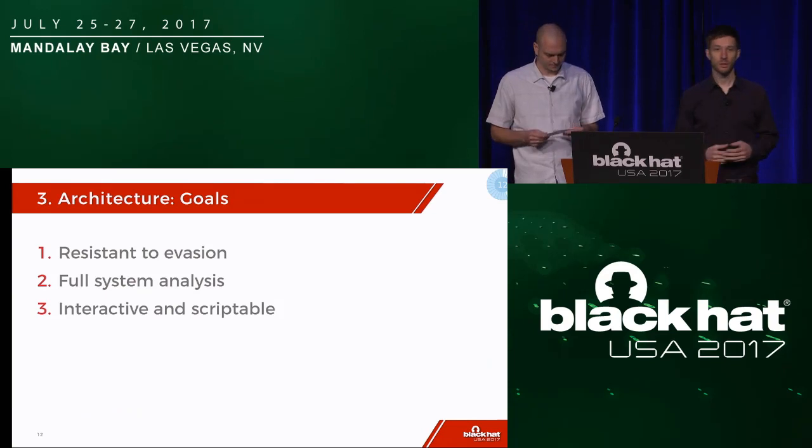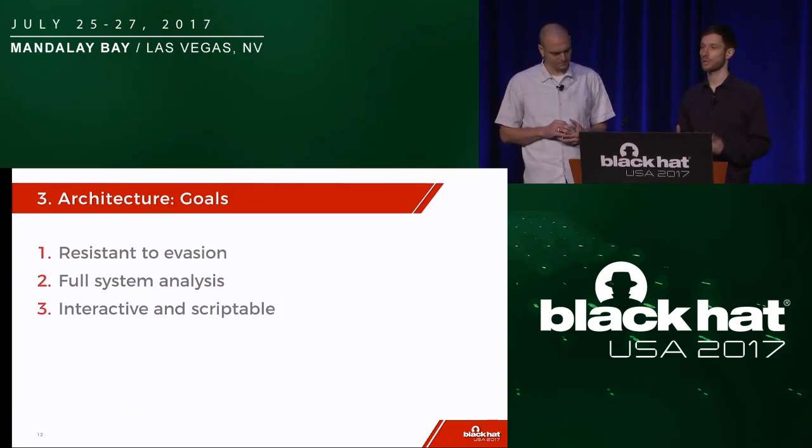Let's begin by taking a look at the goals that we actually try to address with this architecture. And these goals are essentially directly derived from the motivation that we just presented to you. So first of all, we want to have better evasion resistance compared to a traditional debugger. The malware shouldn't be able to attack the debugger directly. In fact, it shouldn't even be able to see that it's being debugged. In addition, we want to have the ability to perform full system analysis.